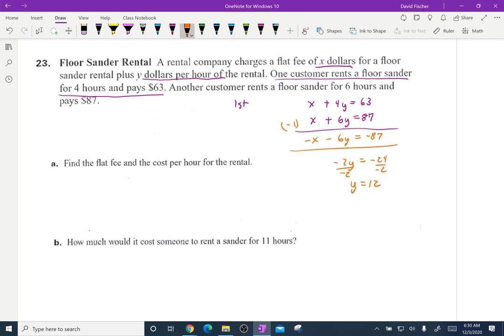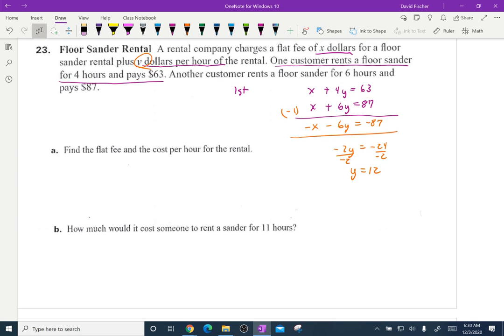So they rented it for, again, back to here, my y is 12. So that means they charge $12 per hour. They want to know the cost per hour. So there's my cost per hour. Now let's plug it in and solve for the other one. Let's plug it into the first equation.